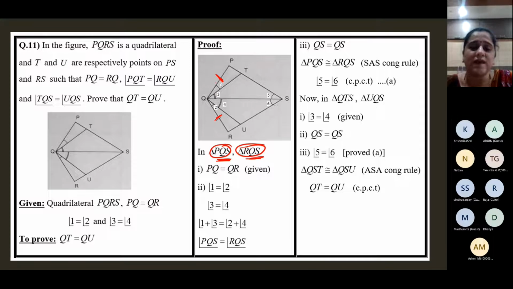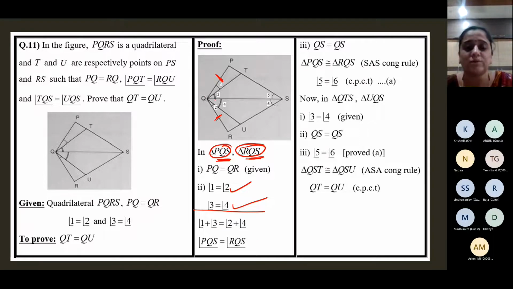Then we know that angle 1 is equal to angle 2 and angle 3 is equal to angle 4. Add the two results, so you get 1 plus 3 is equal to 2 plus 4. So you get PQS is equal to RQS. 1 plus 3 is PQS and 2 plus 4 is RQS.